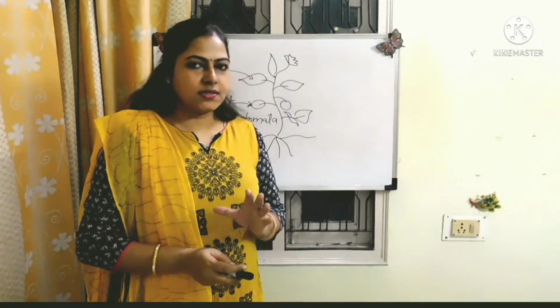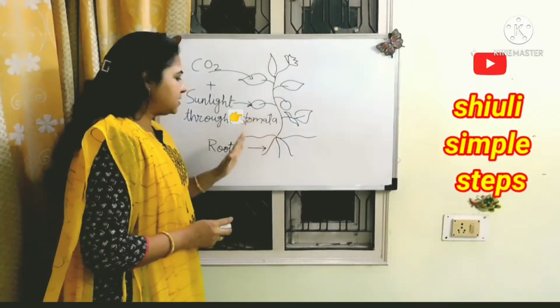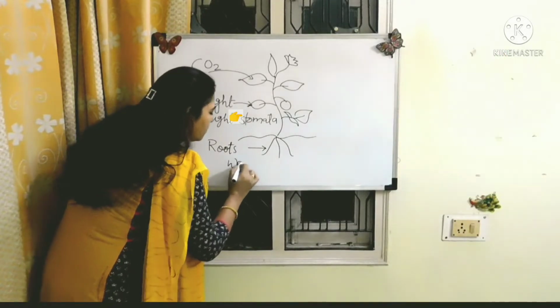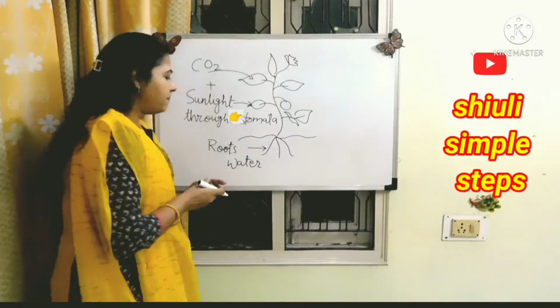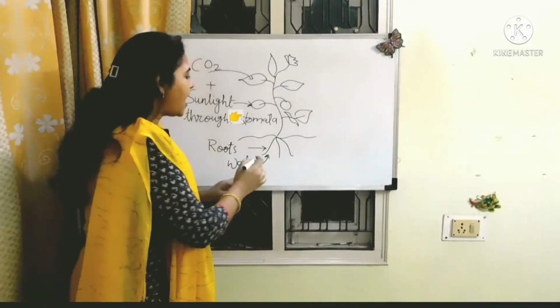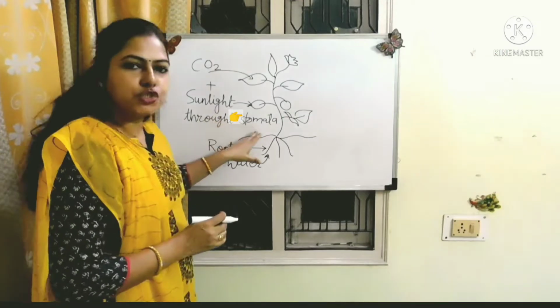In this process, in photosynthesis, what happens? The plants absorb water. Plants absorb water from roots. Okay. And they absorb sunlight through stomata.